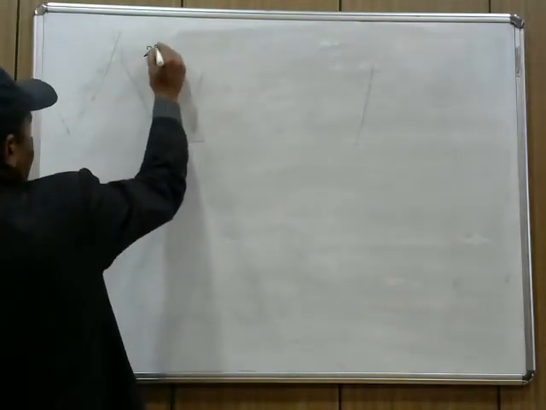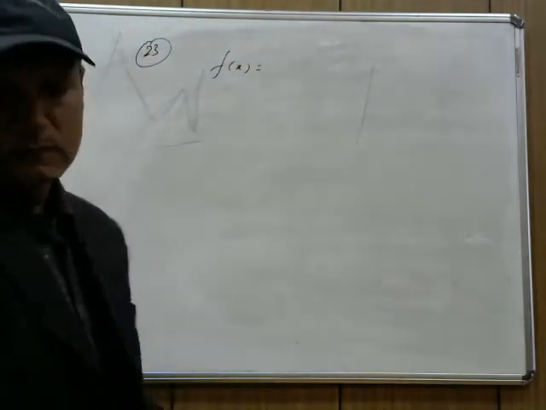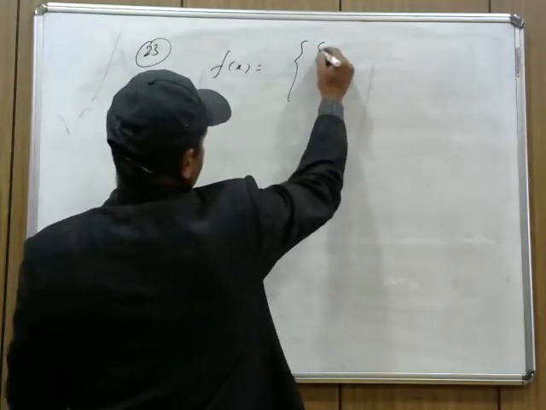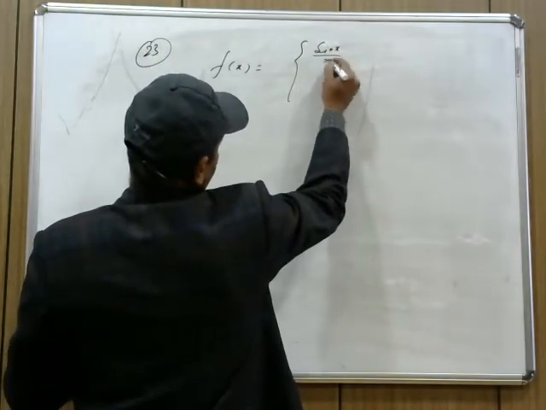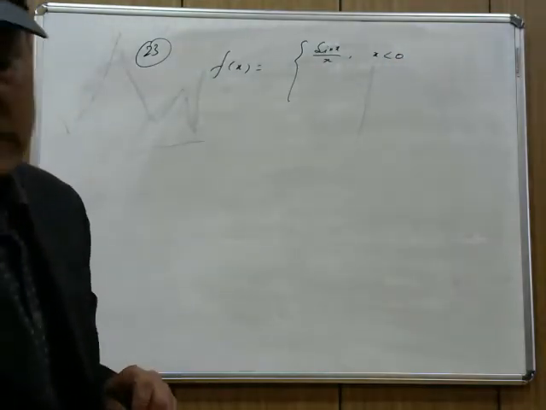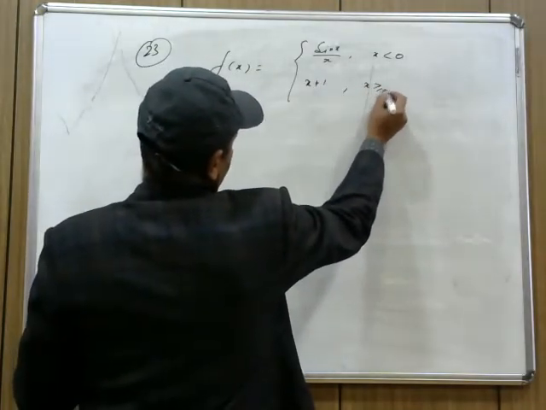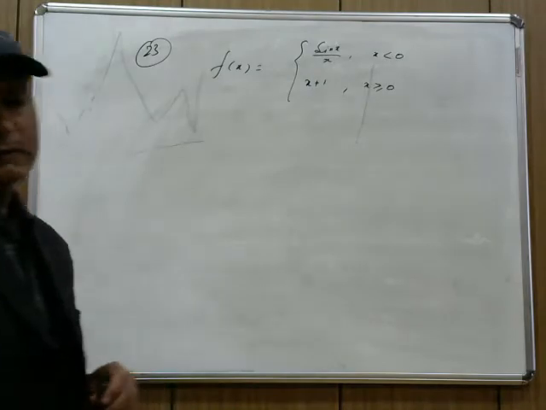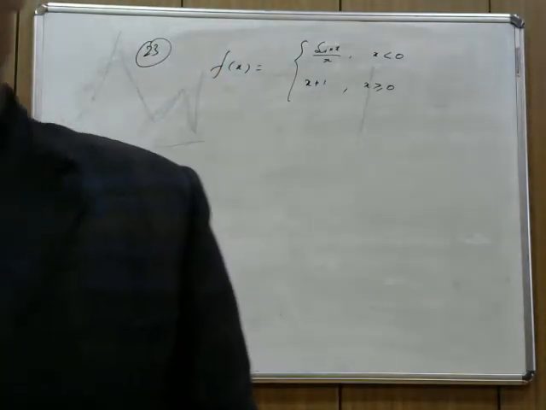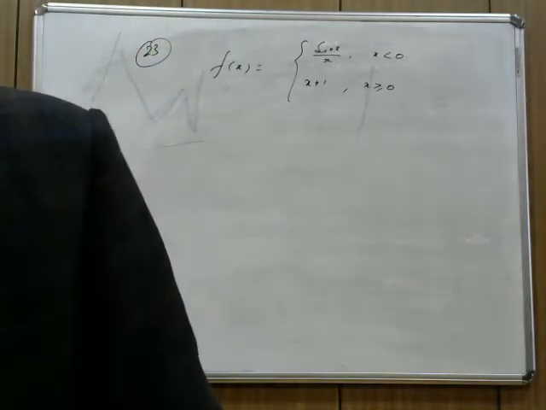Question number 23. f of x is equal to sin x upon x if x is less than 0, and x plus 1 if x is greater than or equal to 0. We have to check the point of discontinuity for the given function f at 0. I will check it for x equal to 0.